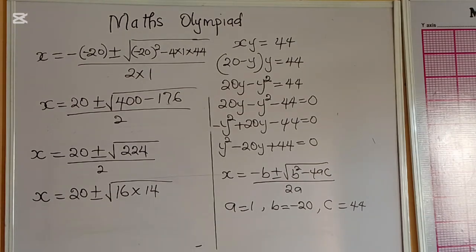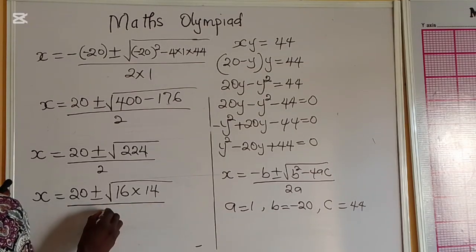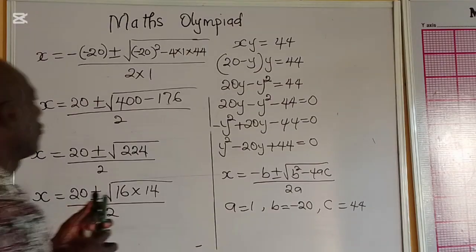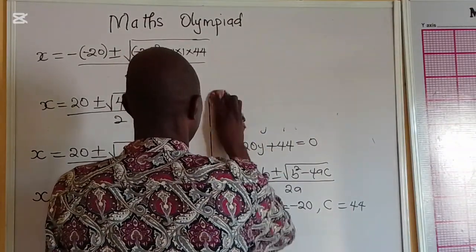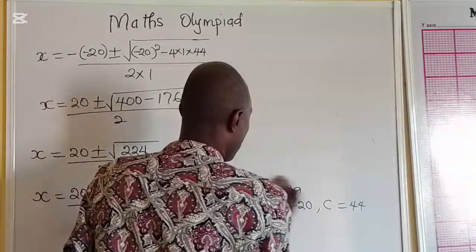Let's do it again to confirm: 16 times 14 is 224, then all over 2.